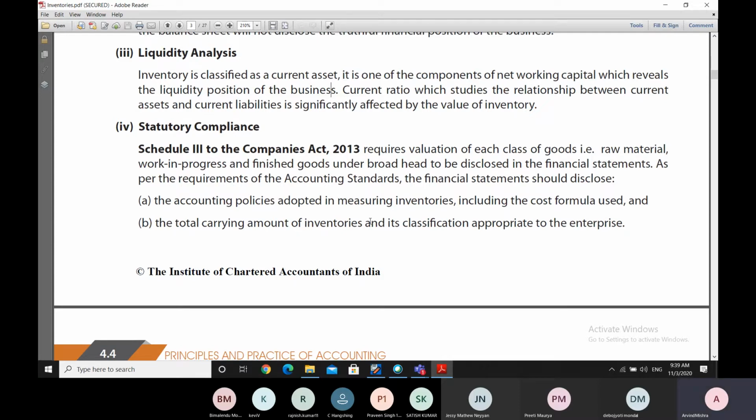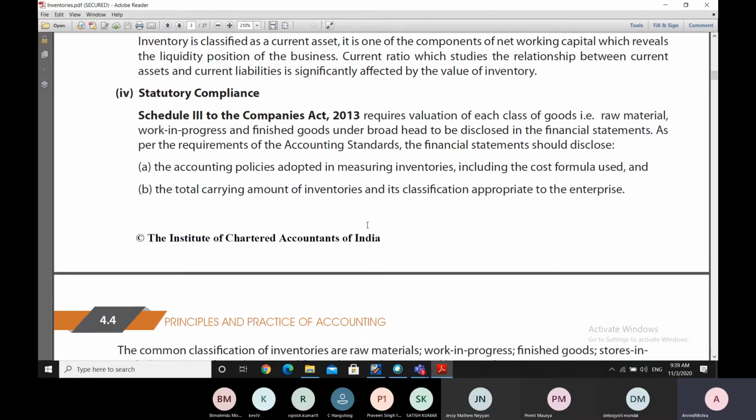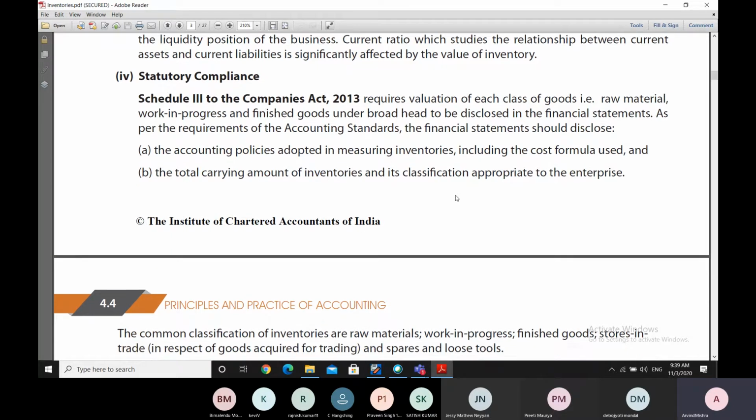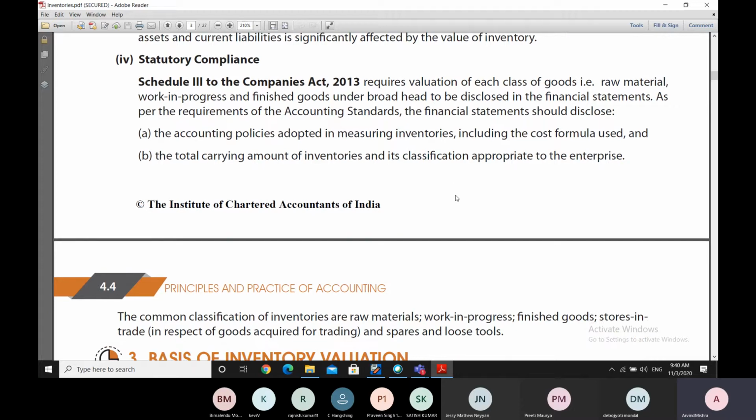So when we say classification, the same thing: raw material, work in progress, finished goods. And if there is some additional classification done, then that should also be disclosed as per the accounting standards. So both the accounting standards and the Companies Act are making it mandatory to do the inventory valuation, and they are even prescribing certain heads under which the inventory valuation needs to be disclosed.